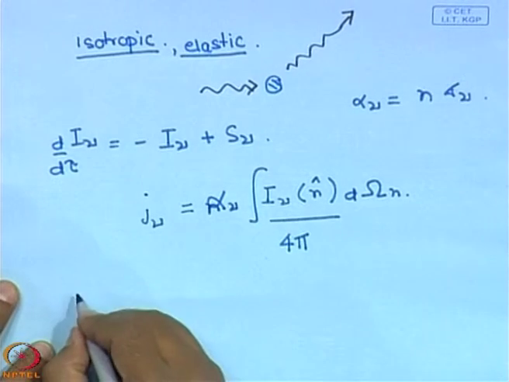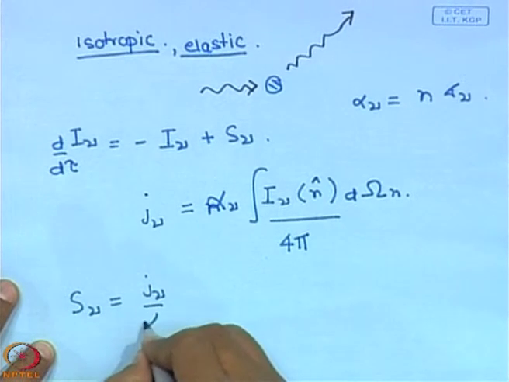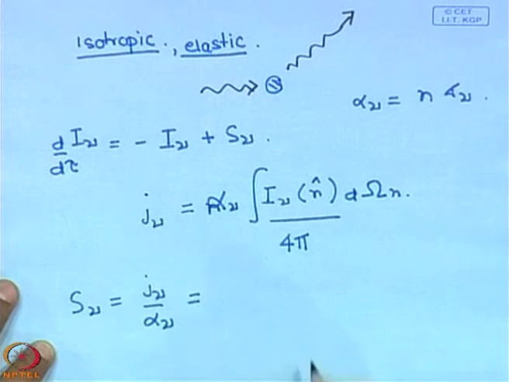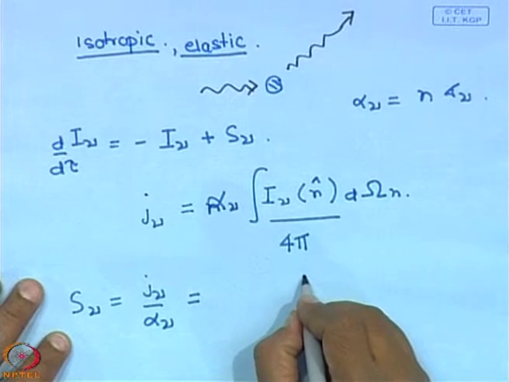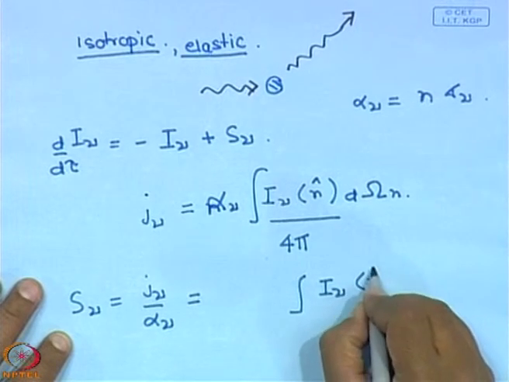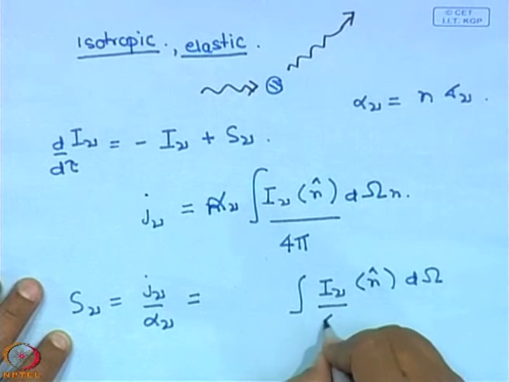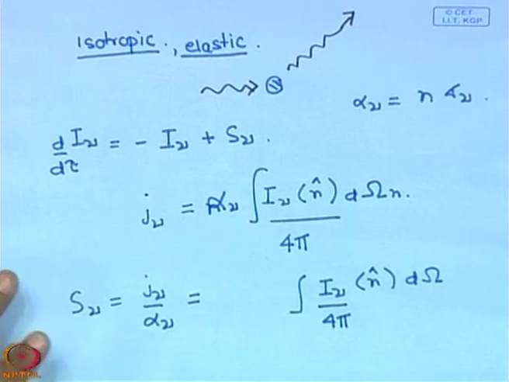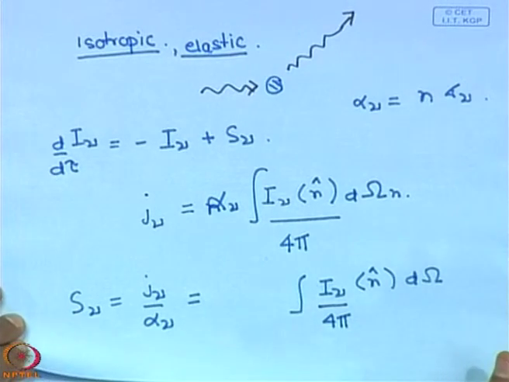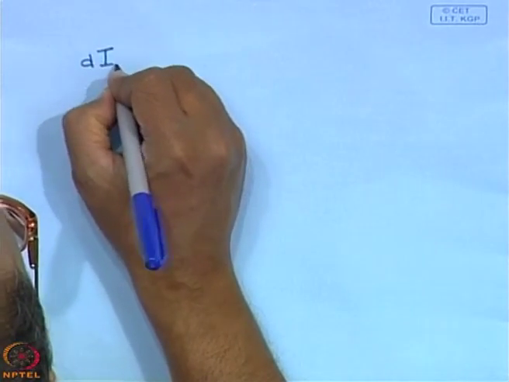So, from here it is clear that the source function, which is j nu by alpha nu, is equal to the integral of I nu by 4 pi d omega. So, in the presence of scattering, the radiative transfer equation essentially looks like this.